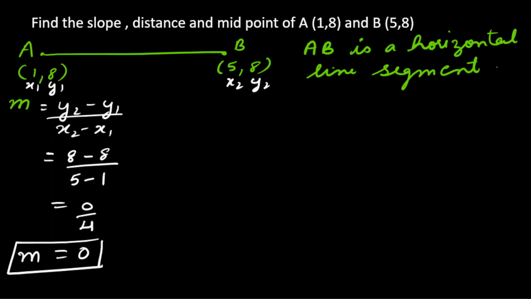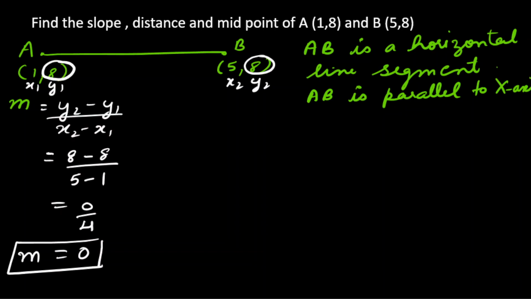Horizontal, I already explained, means this is parallel to the x-axis. You can make a note also: whenever the y coordinate is the same, the line is a horizontal line or it's parallel to the x-axis. I keep on saying line, it's actually a line segment.